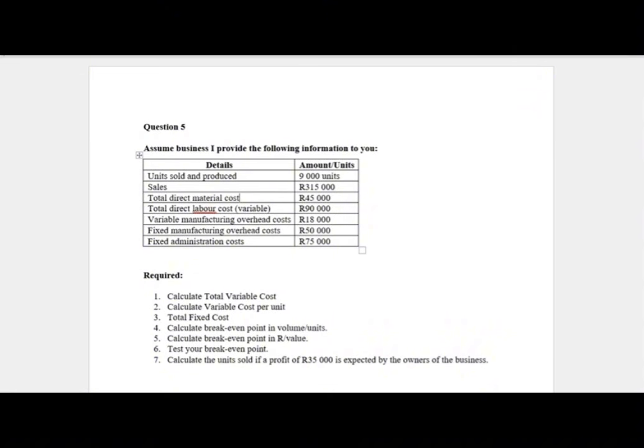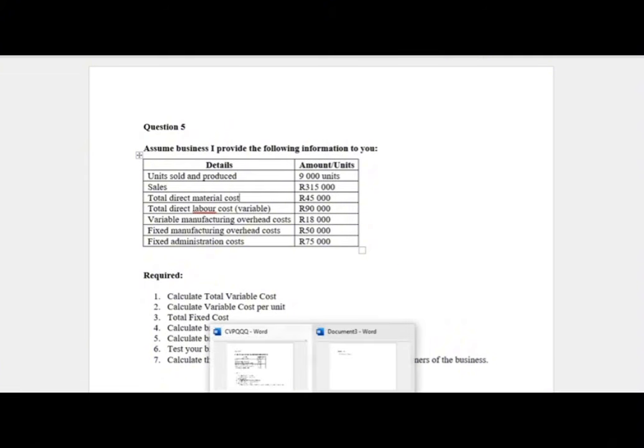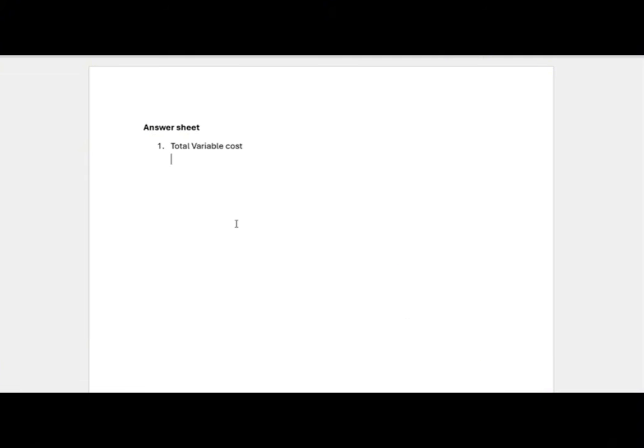So for us to calculate total variable cost, we're going to add three items. Number one, we're going to take 45,000 for direct material cost, plus 90,000 of the total direct labor cost variable.